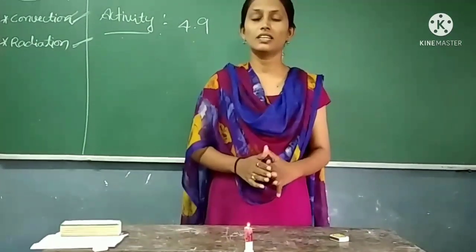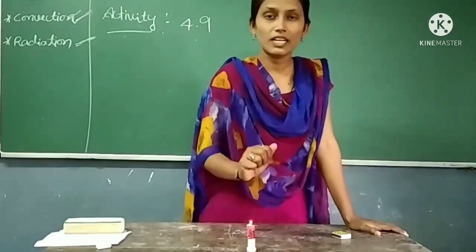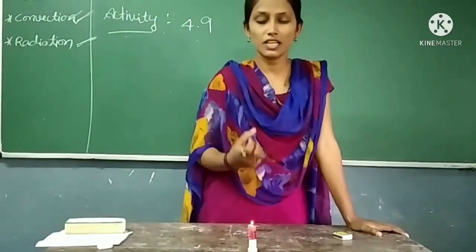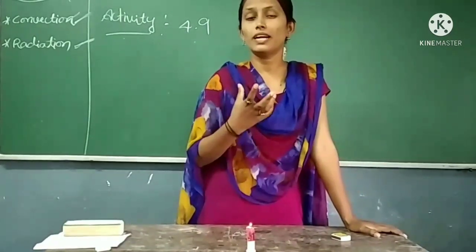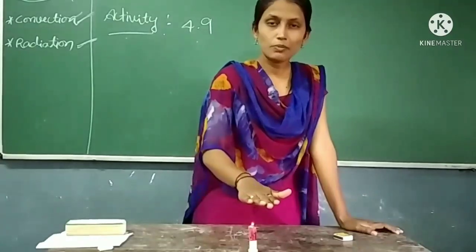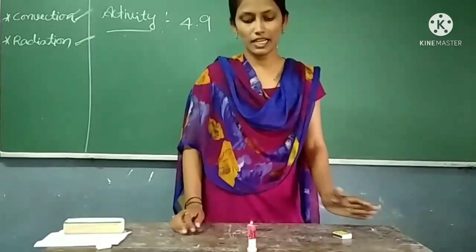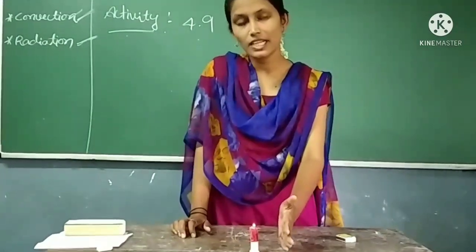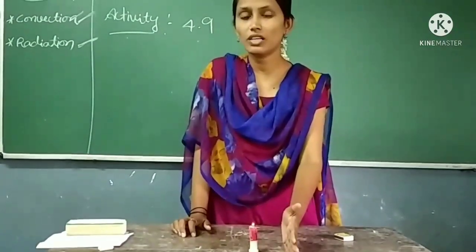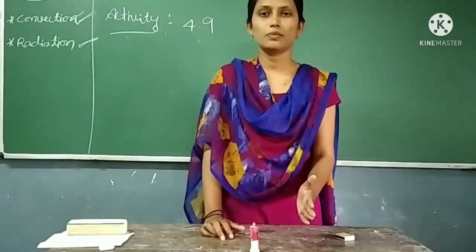What does it indicate? Here, the air which is present at the top of the candle becomes hot and rises up by the convection process. So the hand kept at the top of the candle feels hot, and the hand kept at the side of the candle does not feel hot, because here the convection process does not take place.